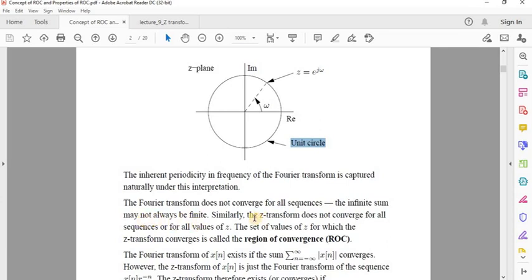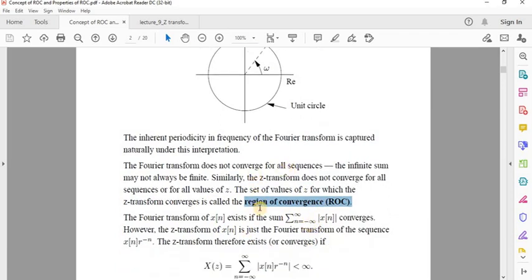Similarly, the Z transform also does not converge for all the values of Z. It is not necessary that Z transform will converge. The set of values of Z for which the Z transform converges is called as region of convergence, ROC. Short form is ROC, full form is region of convergence.